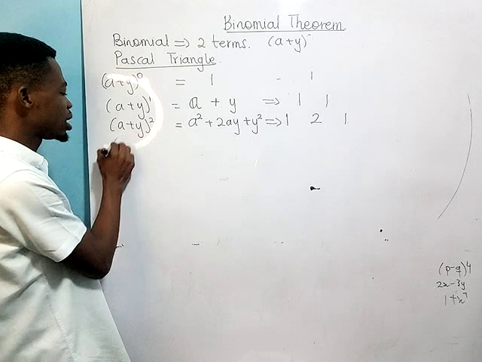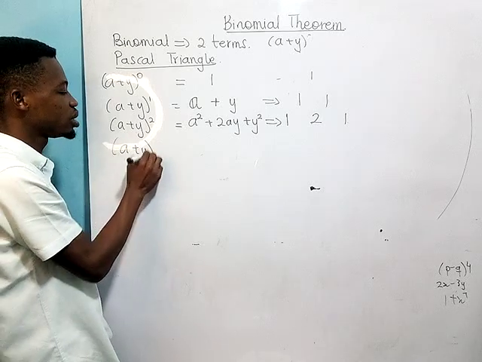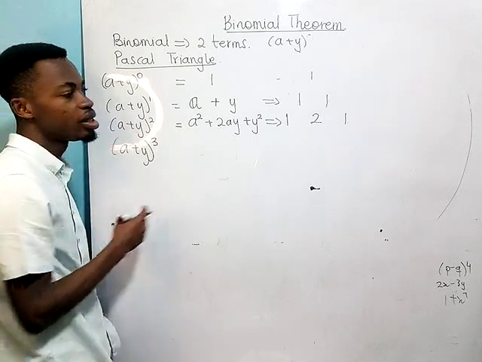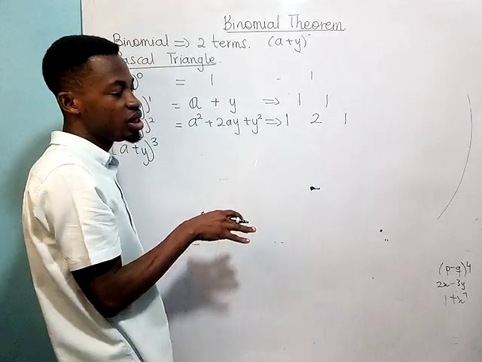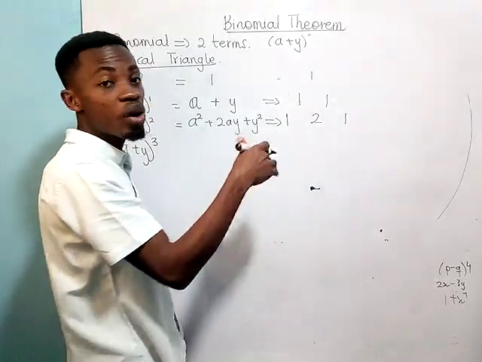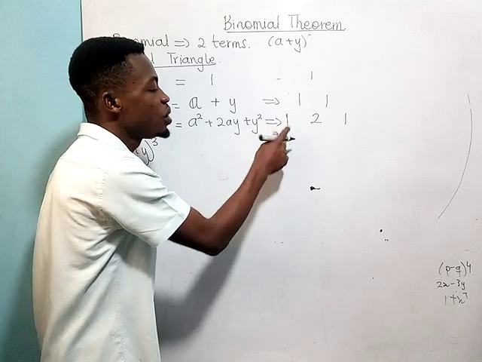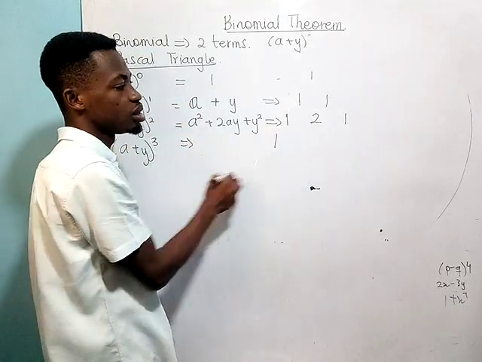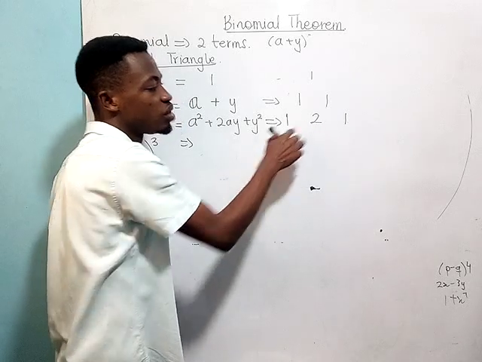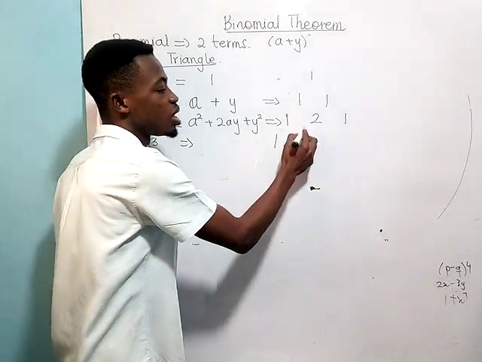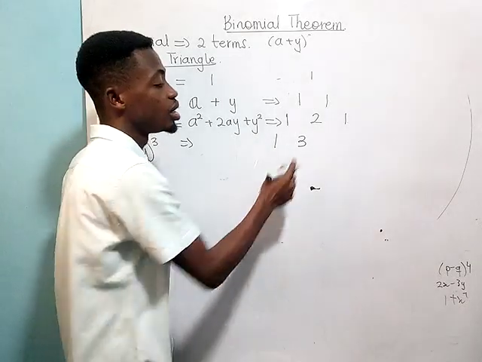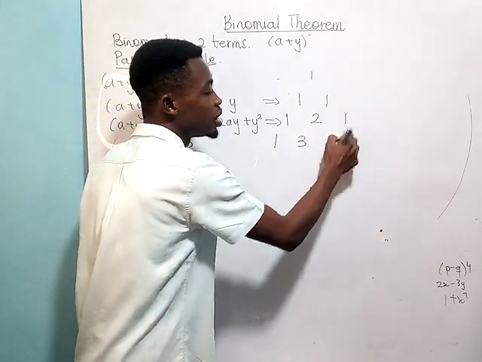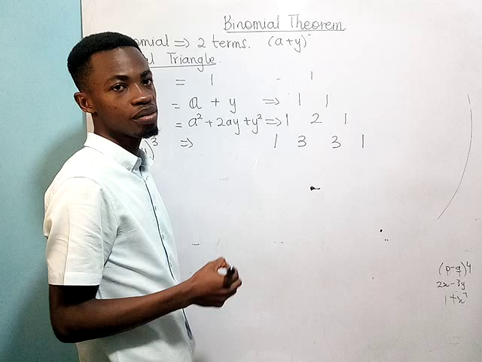Then it means that if we have a plus y to the power 3, there's going to be a repetition, and at another point we are going to sum up. So we repeat the first value here, followed by the summation of the adjacent values. So 1 plus 2 gives us 3. 2 plus 1 gives us 3, and 1 is repeated.